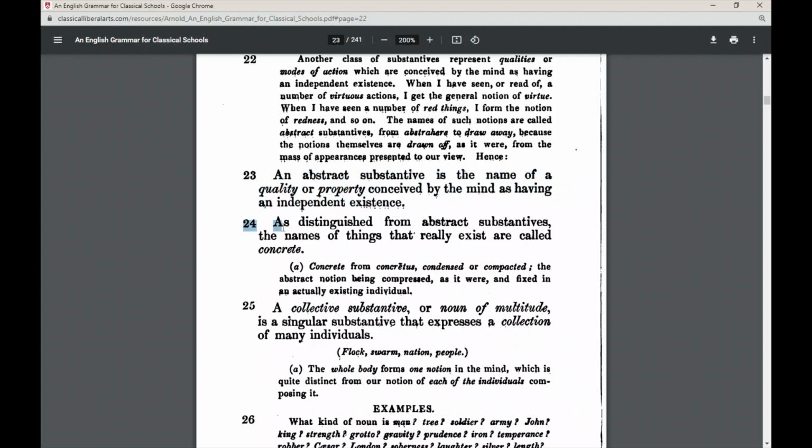Secondly, here in Article 24, we read the definition of a concrete substantive. As distinguished from abstract substantives, the names of things that really exist are called concrete. The names of things that really exist are called concrete substantives. So there we see the difference between an abstract substantive and a concrete substantive.